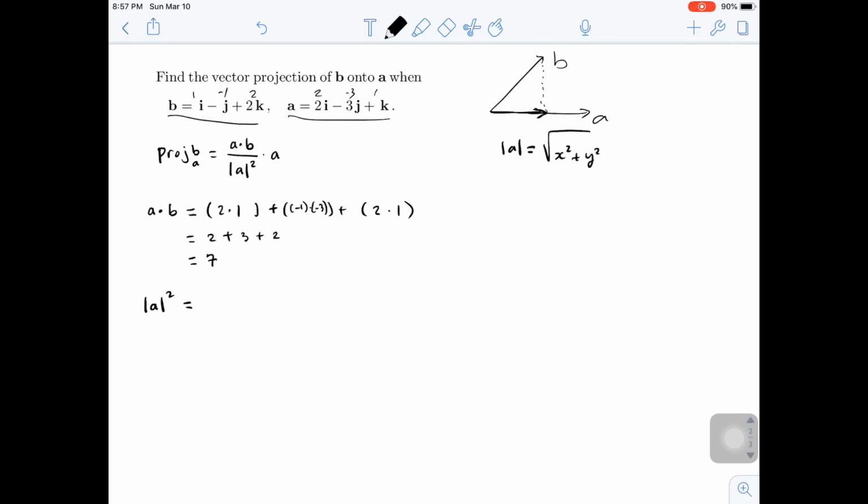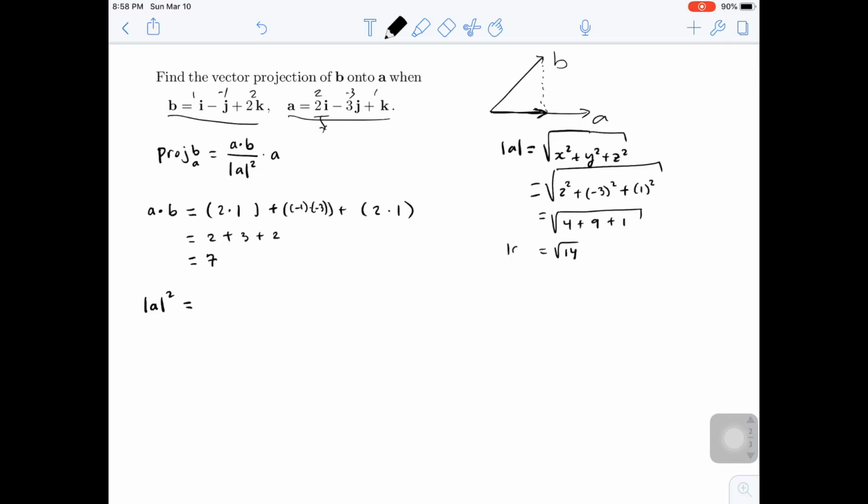Here it's three-dimensional, so we need to add the z value squared of A. So for A, we have the coefficient 2 squared plus -3 squared plus 1 squared. So we have 4 plus 9 plus 1. So we get 10, we get 14, sorry.